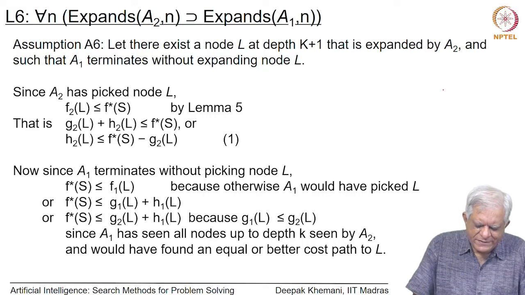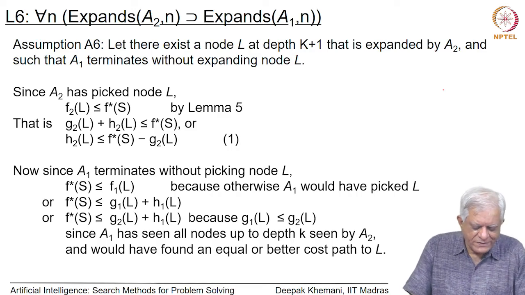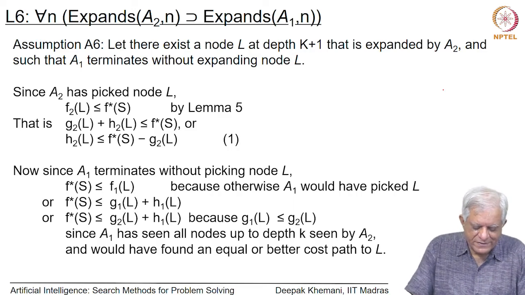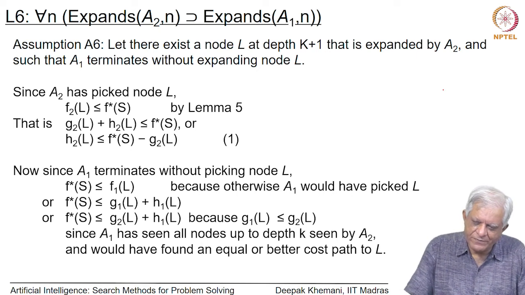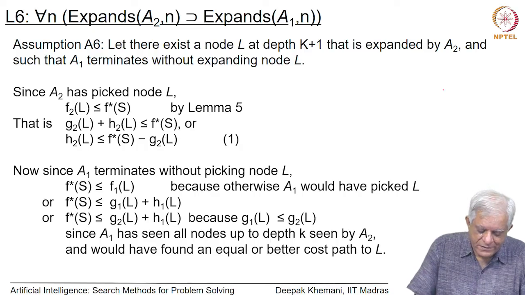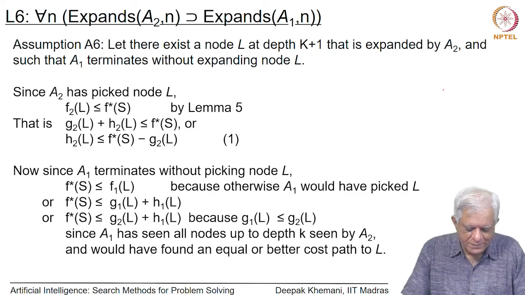The extreme case we can think of is when both are equal. If both are equal, it is possible that it would have picked another node which leads to the optimal path.